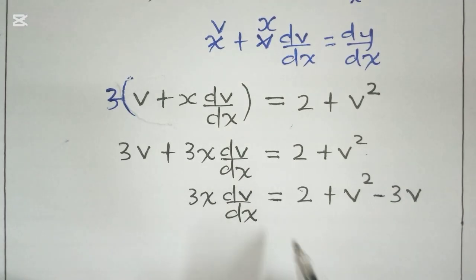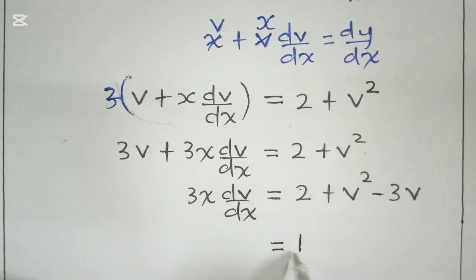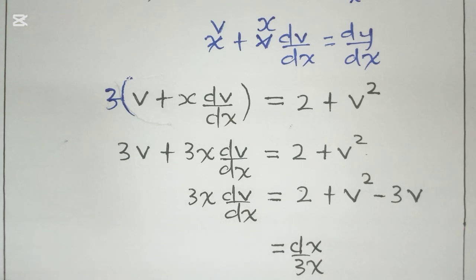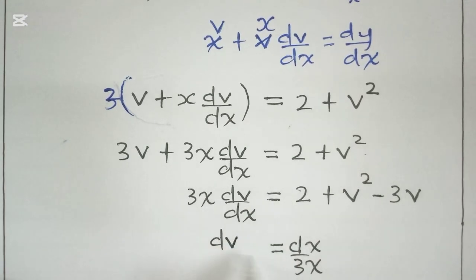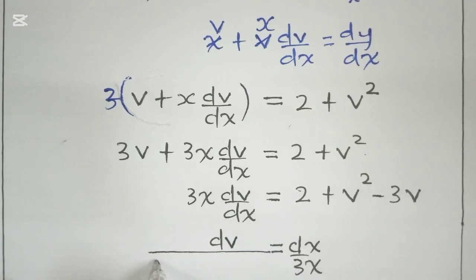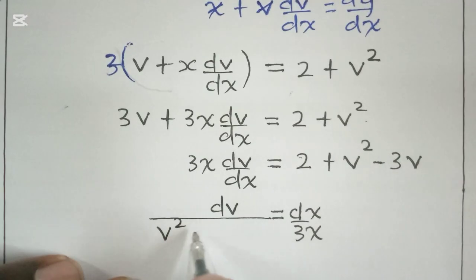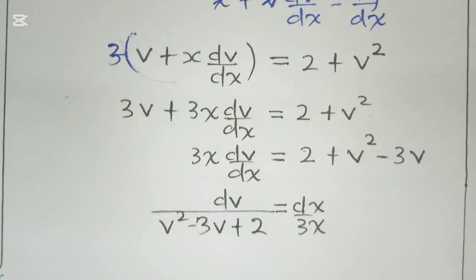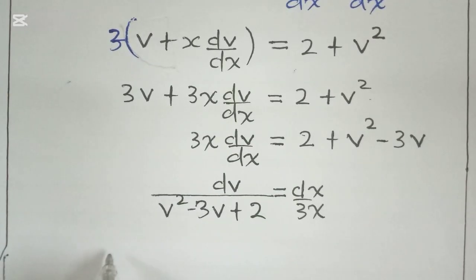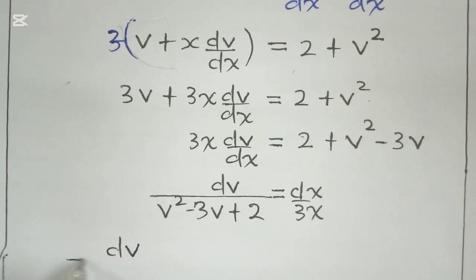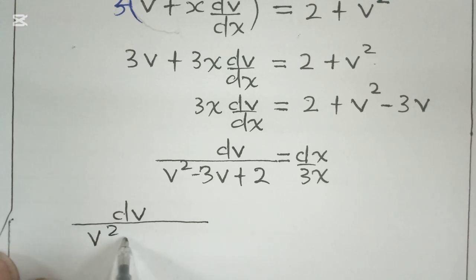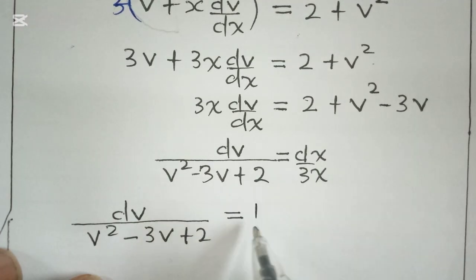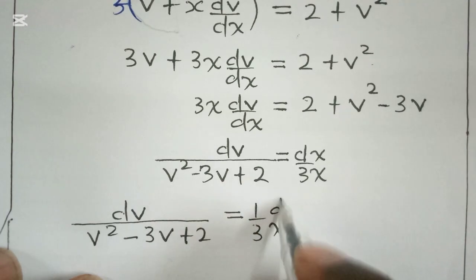Here we shall have 1 over 3x dx, and on this other side we are going to have dv all over v squared minus 3v plus 2. Writing it in a better way, dv all over v squared minus 3v plus 2 is equal to a third of dx over x.